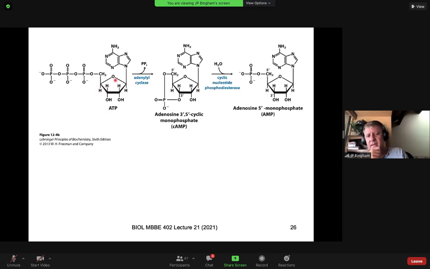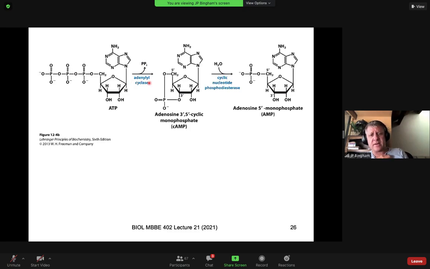Now, we're going to see exactly the same as we saw with the GTP: the removal of those two phosphate groups, breaking of the phosphoanhydride bond, and giving us PPi, the inorganic pyrophosphate.